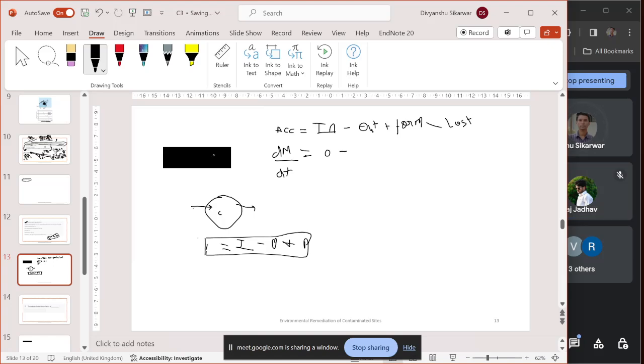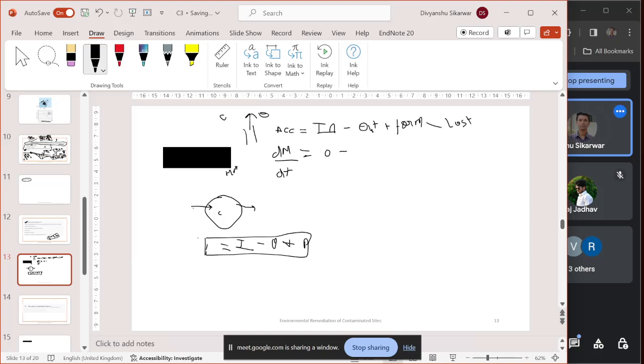So, when we are pulling out the contaminant, we are pulling it out at flow rate Q and it has C concentration, C milligrams per liter of contaminant. If I want to calculate how much mass is taken out per unit time, this dm by dt is basically what?